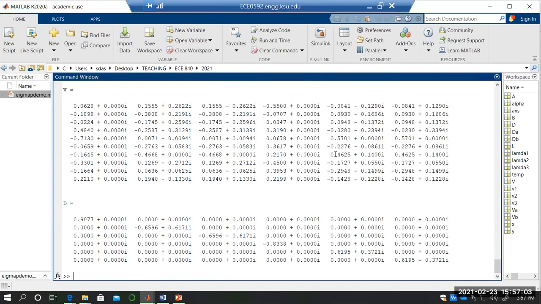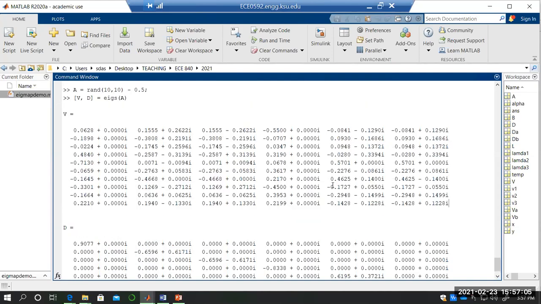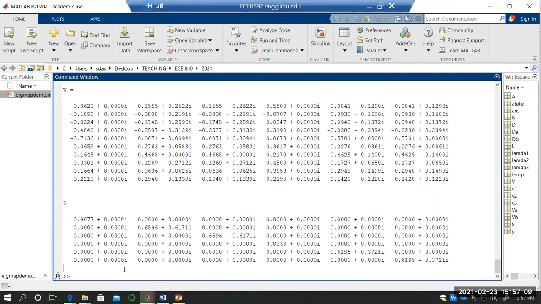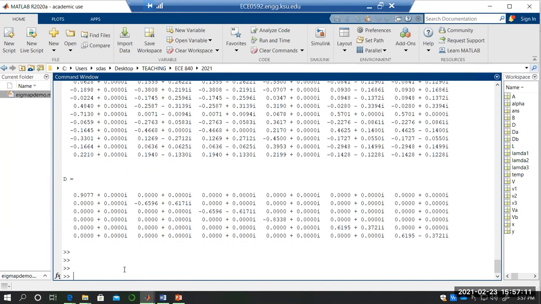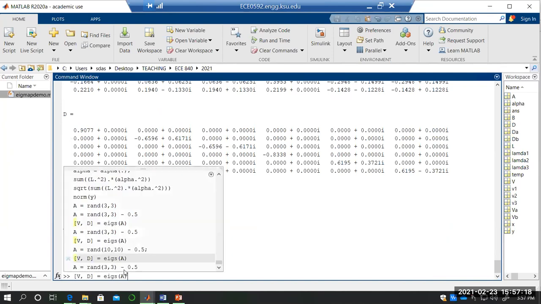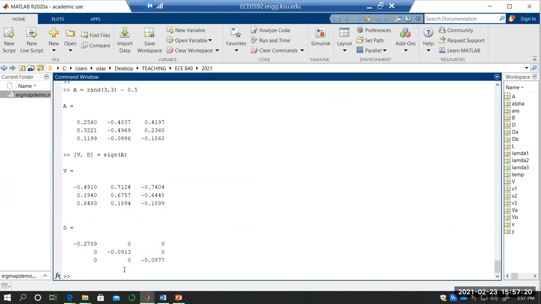Now you see you have some complex values here, right? The eigenvectors and eigenvalues are complex. Okay, now let's go back to the 3 by 3. And VD was, okay, now it's all real.